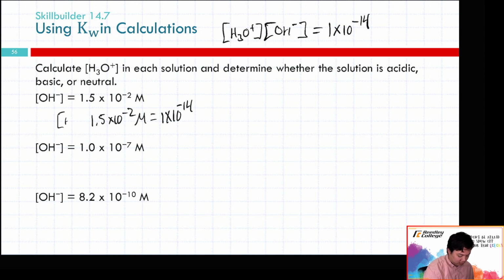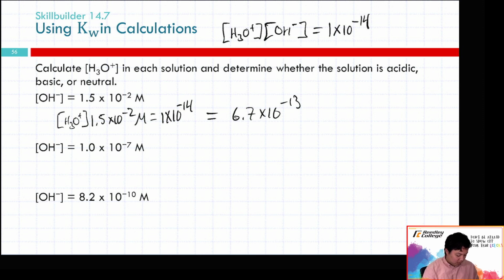And so what is the concentration of H3O plus? Just a little bit of algebra. We take our 1 times 10 to the negative 14 divided by 1.5 times 10 to the negative 2. And our concentration of hydronium then is 6.7 times 10 to the negative 13.